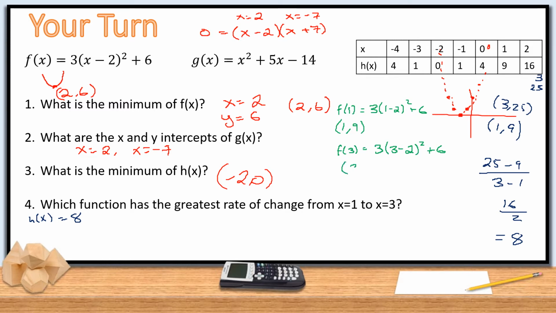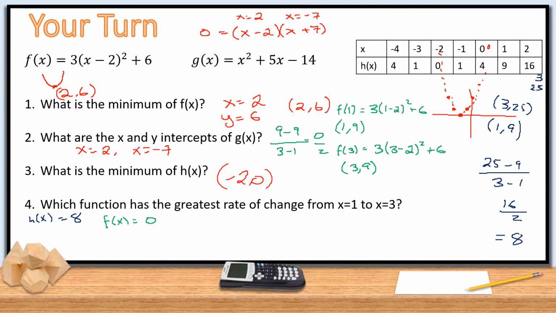So 3, 9 is also a point. So 9 was the y coordinate in both cases. So y2 minus y1, 9 minus 9 over 3 minus 1 is 0 over 2. So that's a slope of 0. So f of x has an average rate of change of 0 from 1 to 3.